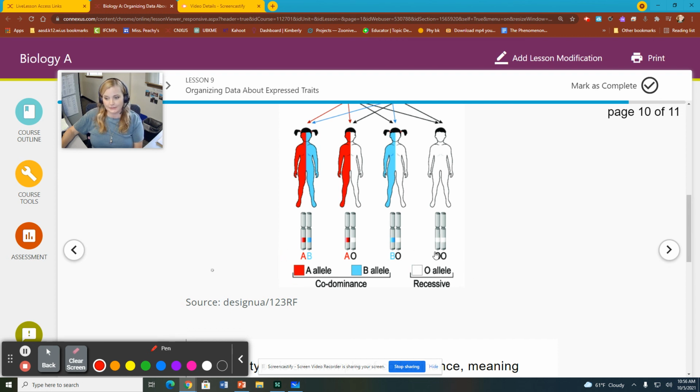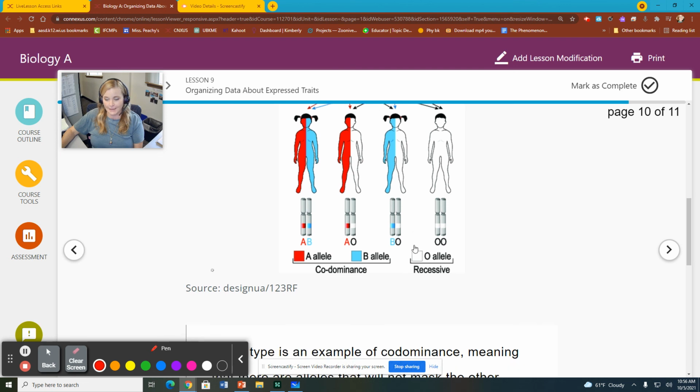So your blood type can be AB, where you have both dominant alleles. It can be AO, that means you're type A, because you have the O allele and that's recessive. It can be BO, that's not meaning that you're stinky, but that means you're type B. Or it can be OO, which means that you're completely recessive, right?